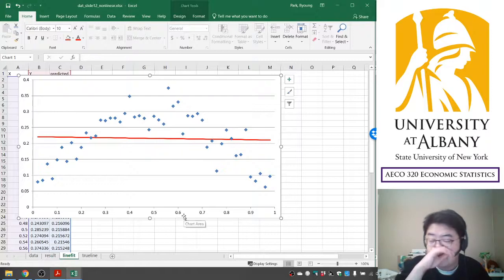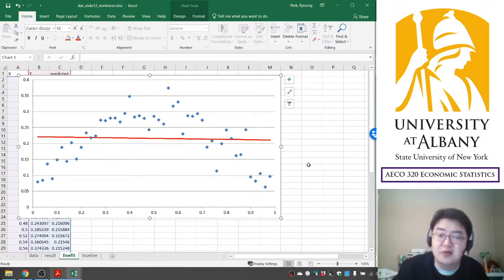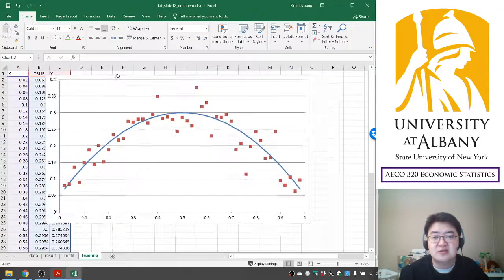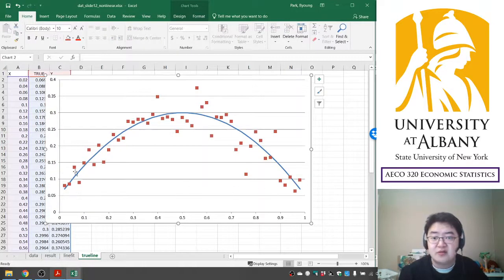The problem here is that the linear regression model cannot handle this kind of pattern. A nonlinear pattern is not allowed in the linear regression model. The true line is like this. This trend is what you have to find out, but linear regression cannot handle this.